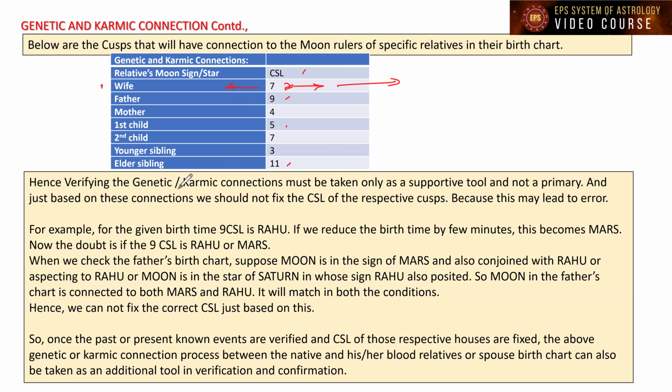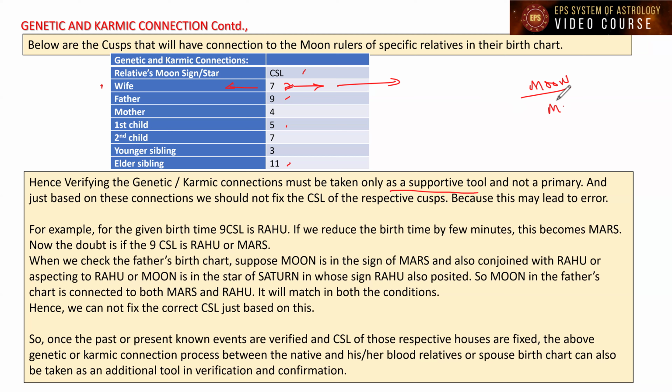Hence, verifying the genetic or karmic connection must be taken only as a supportive tool and not as a primary one, because directly or indirectly it may have a connection, and that itself indicates there is a possibility of missing or confusion. It will give a connection. Suppose moon is present and Mars also present.